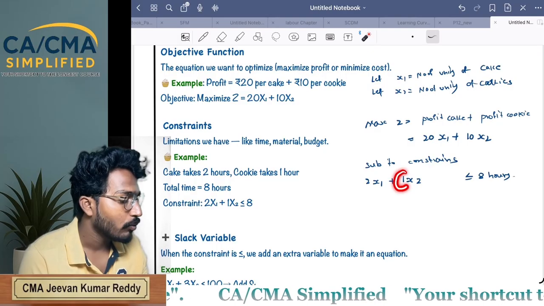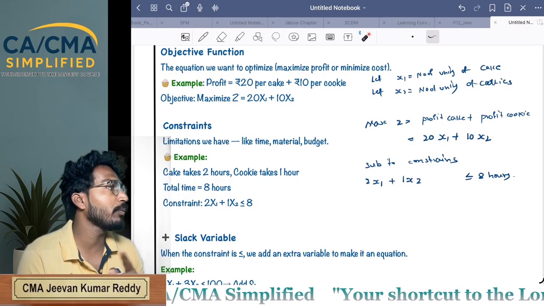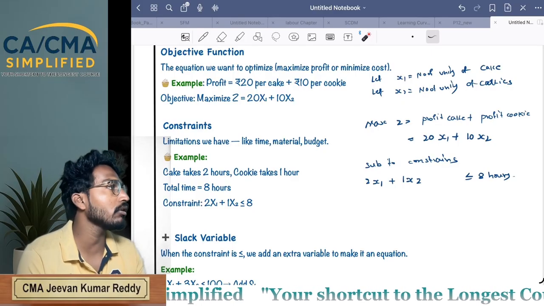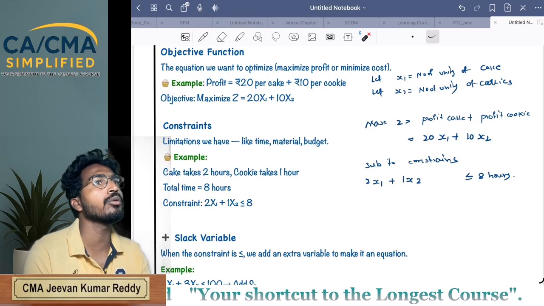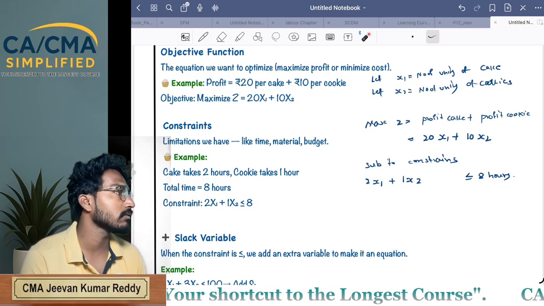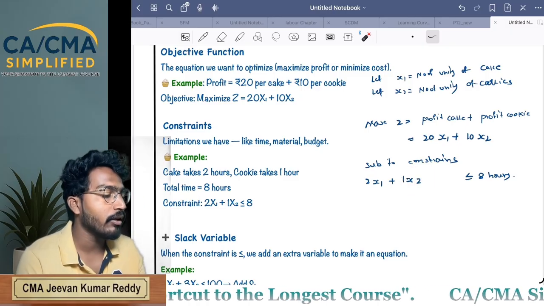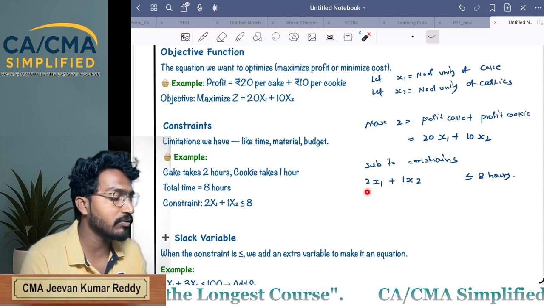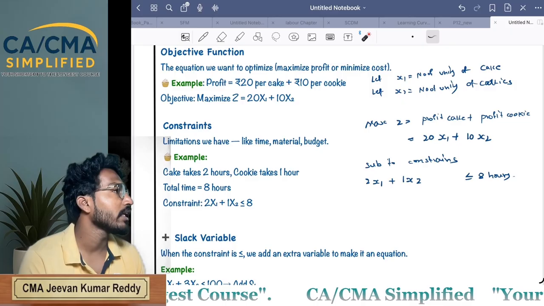Next, 1 hour for each cookie. To bake each cookie, it is taking how much? 1 hour. Into the number of units, you will get the total number of hours consumed for baking cookies. You don't know the number of units of cookies, that's why we take it as x2. So 2x1 plus 1x2 must be less than or equal to 8 hours.